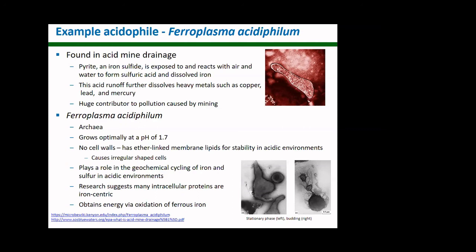So those are iron centric proteins. And they get their energy from actually breaking down ferrous iron, which is a type of iron. So pretty cool, very unique species of archaea that has adapted to its very extreme environment. So Ferroplasma acidophilium. There's a couple of links down here if you're interested in learning more.